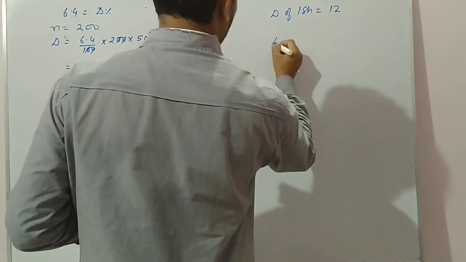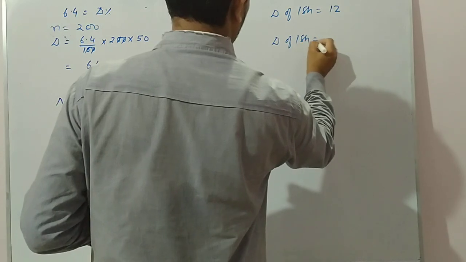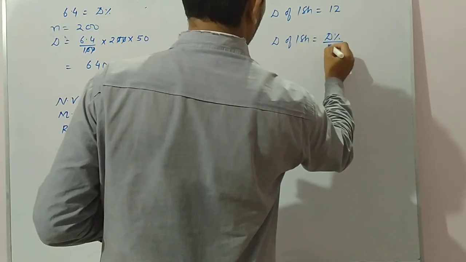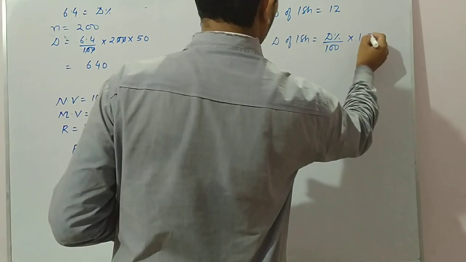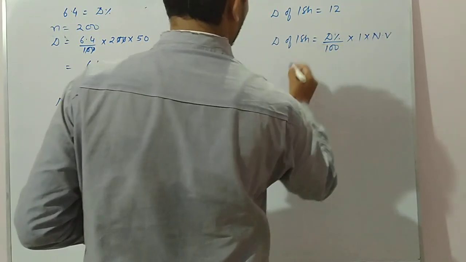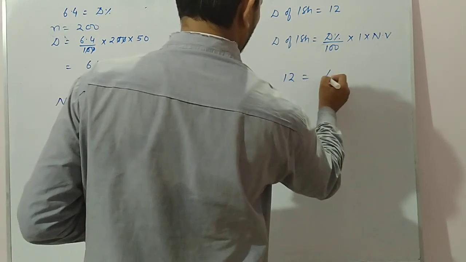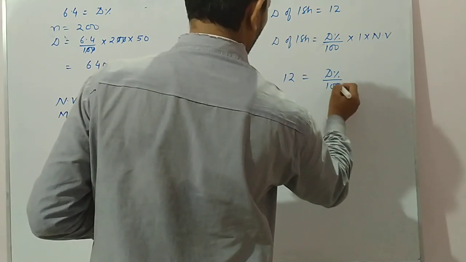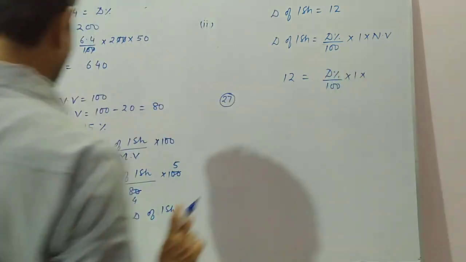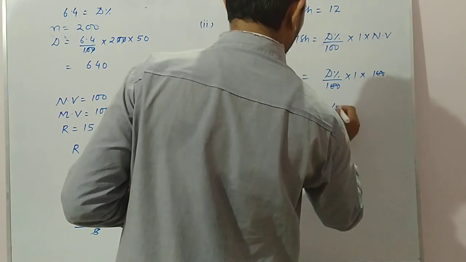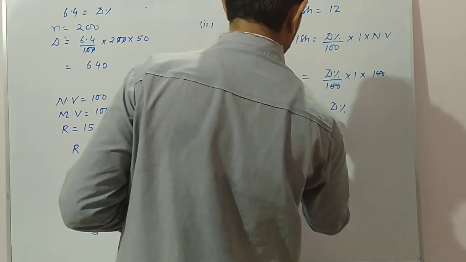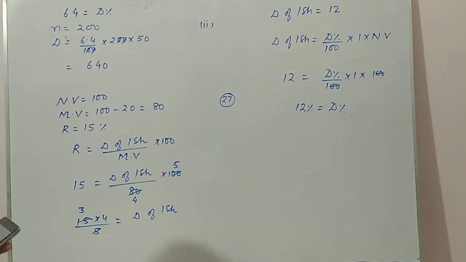Dividend of one share equals dividend percent by 100 into number of shares 1 into nominal value. Dividend of one share is 12. Dividend percent we require by 100, number of shares 1, nominal value is 100 again. So dividend percent is 12%. So this is question number 27.